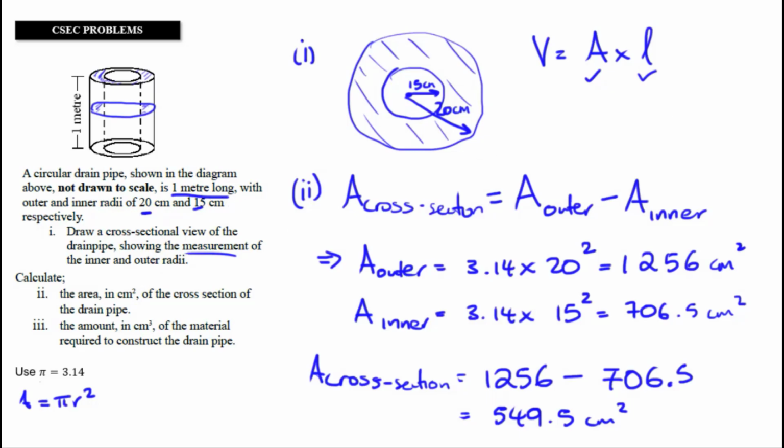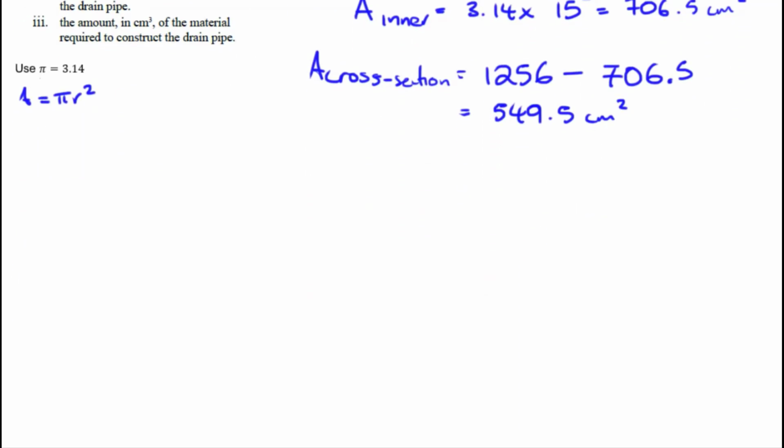So if I want to figure out the amount of material for the drain pipe, it's going to be its volume, which is equal to the area of the cross section, which is 549.5 square centimeters, times the length of the drain pipe. Now remember, we want our result in cubic centimeters.